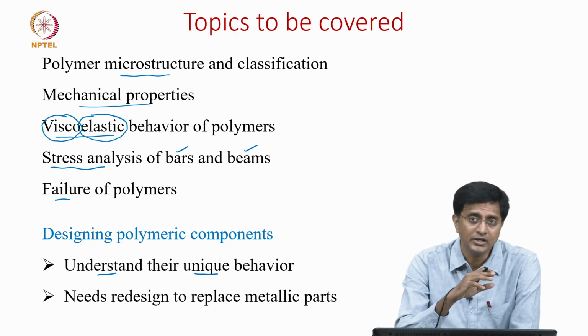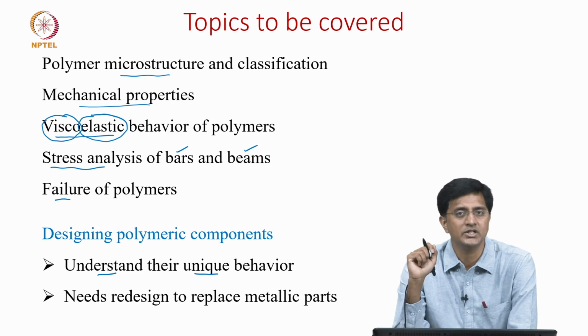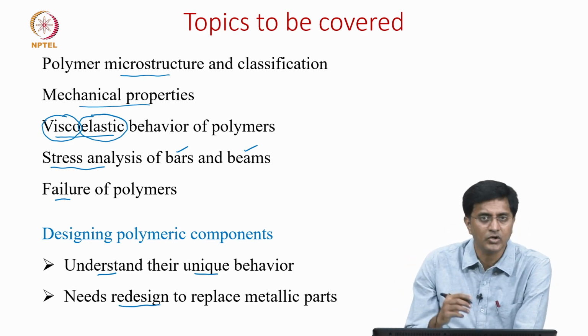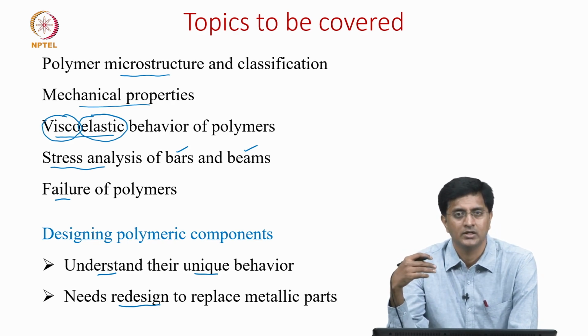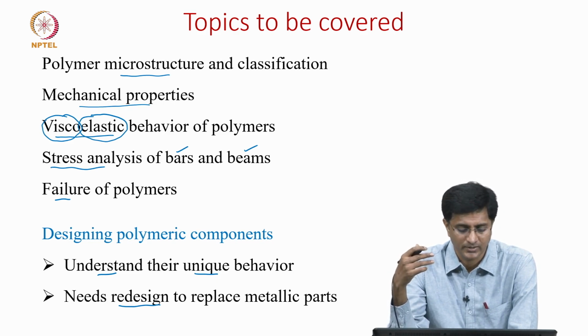So, let us say I want to replace a steel shaft with a polymer shaft. I cannot simply copy the same design. It needs a complete redesign, because the properties are different and the way these materials behave is different, as well as the way these materials are manufactured.